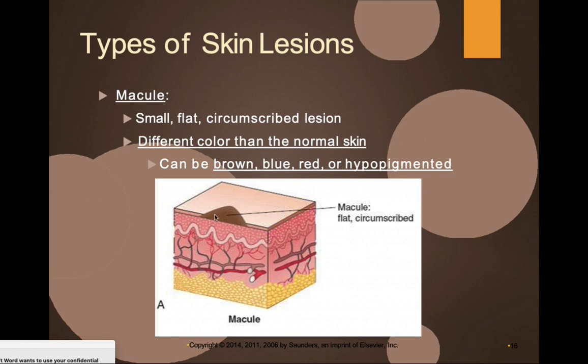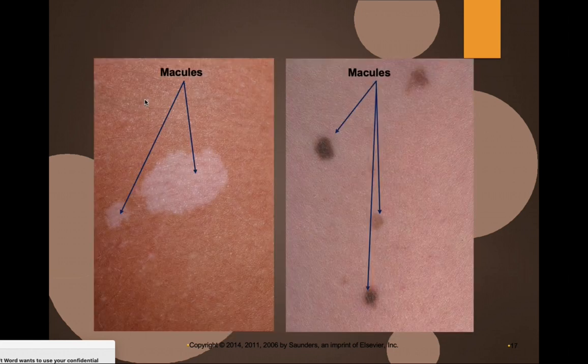So when you see a small, flat, circumscribed lesion that's a different color than the normal color of the skin, it can be brown, it can be blue, red, or it can even be hypopigmented. It could be a lighter color than the skin. We refer to that as a macule.